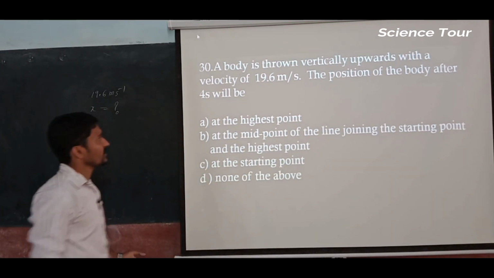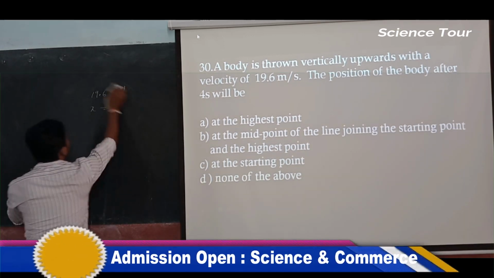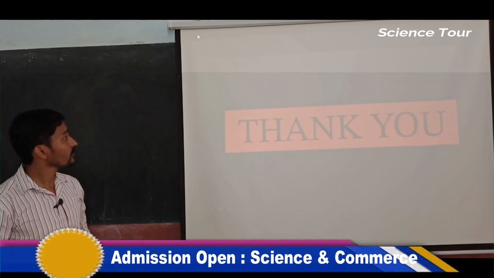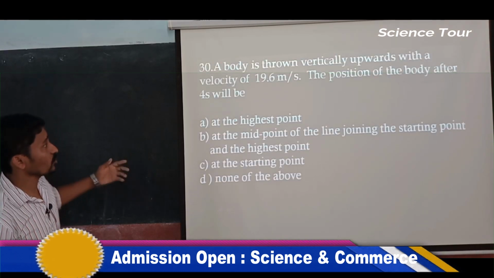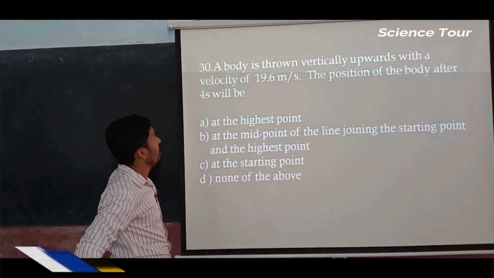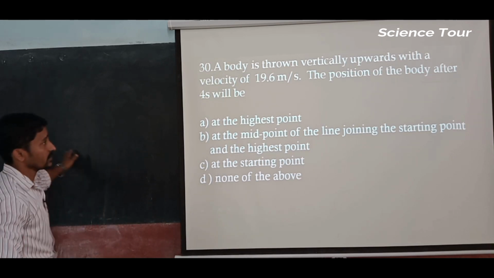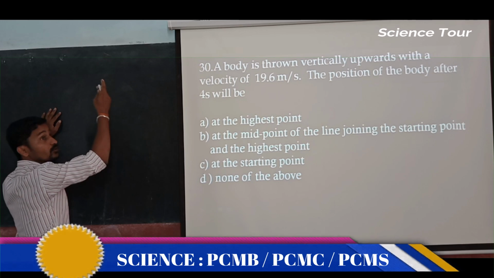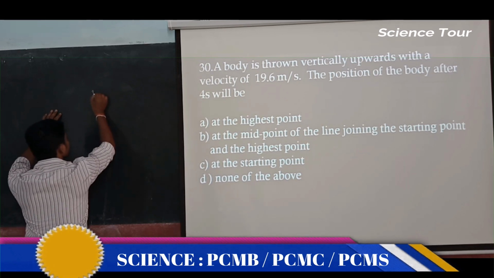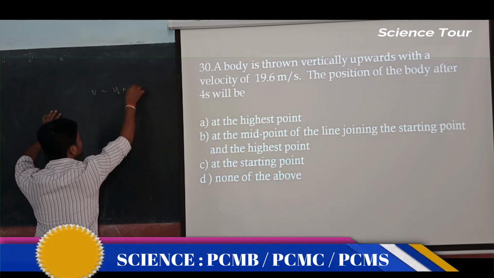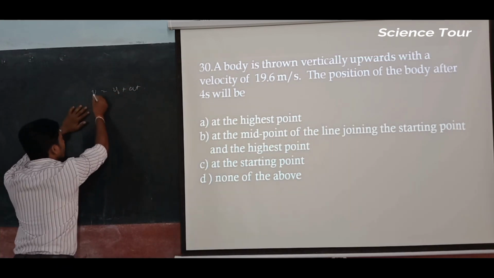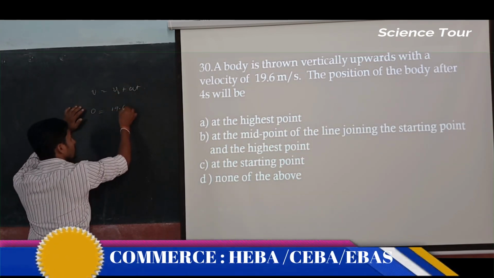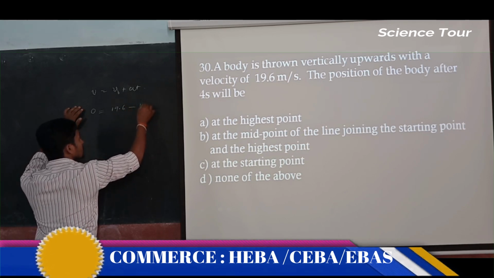In another way also you can write it. Vertically thrown upward with the velocity 19.6, what is the time taken to move to the highest point? That is v is equal to v naught plus at. Here v is 0. Upward velocity is positive, so 0 is 19.6 minus 10 into t.